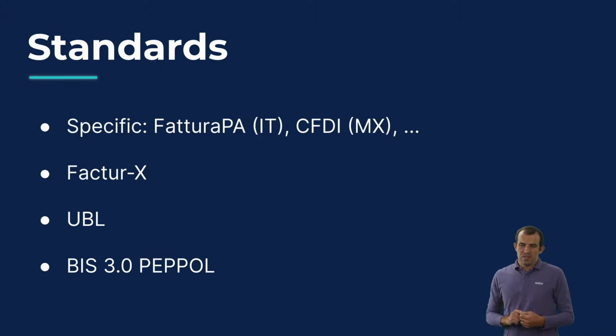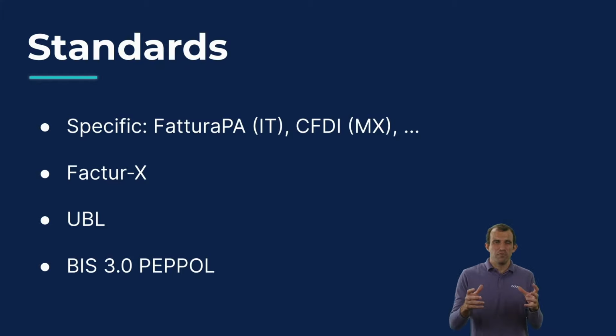Then, if you send an XML, which is done in most of the countries, sometimes that XML is really specific, like their own format, like in Mexico or in Italy. Sometimes, like France and Germany, try to make some kind of alliance together to use Factur-X.